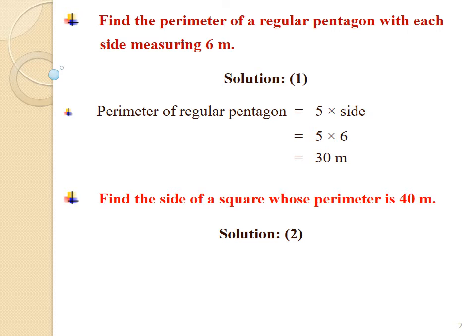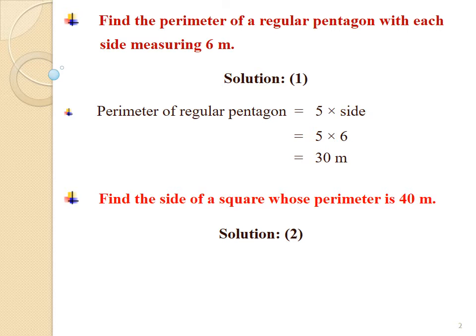And we know that in order to find out side of a square when perimeter is given, we have to divide perimeter by number of sides of a square. So, let us find out side of a square.